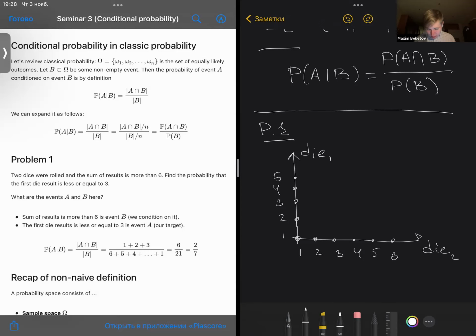What you can do is, if you are here, then the sum is 2. What's going on?